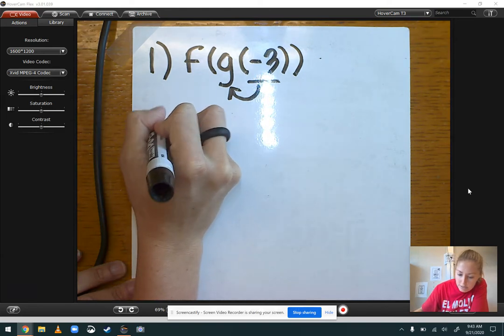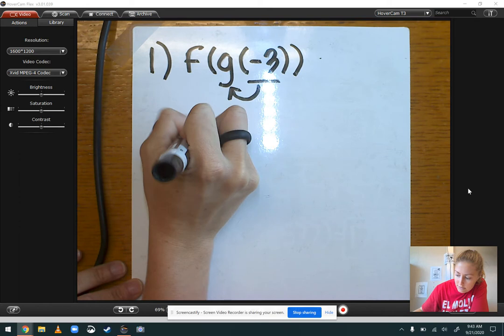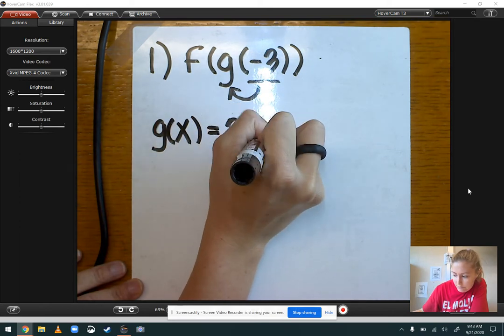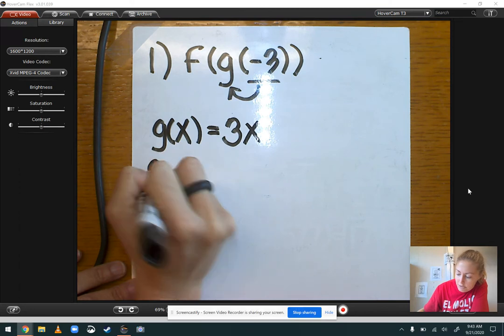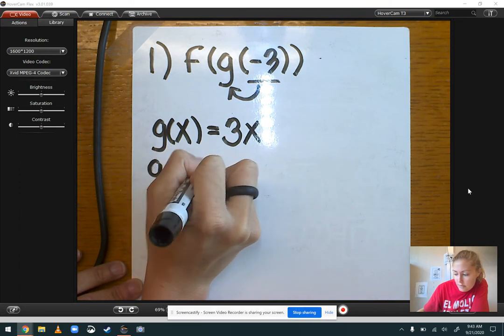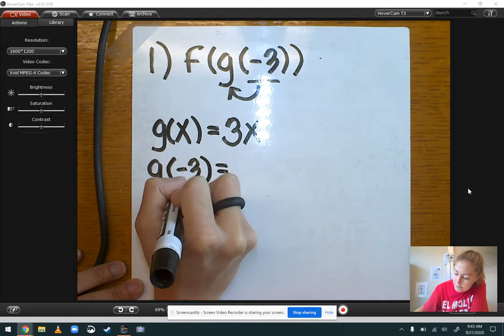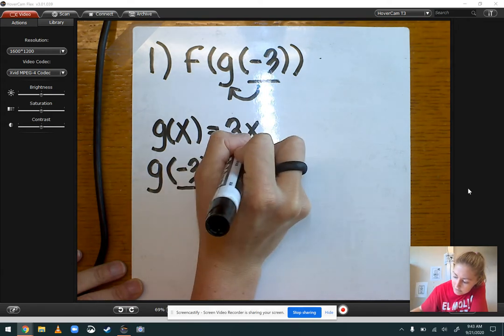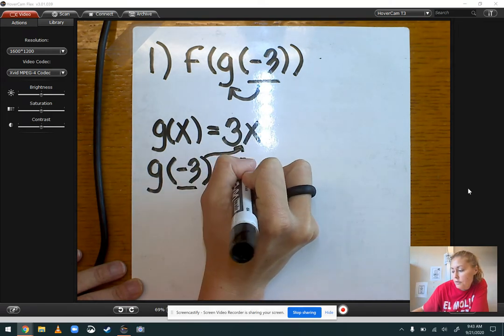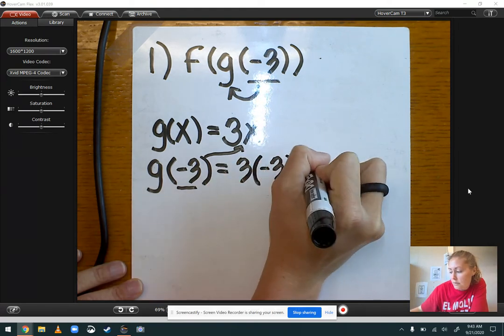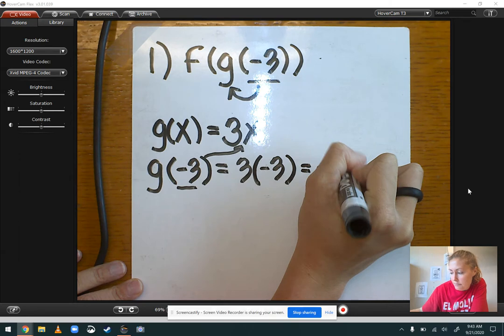Our g of x is equal to 3x, it's up on the top of the paper. So we are finding g of -3, plugging -3 into the x. We have 3 times -3, which equals -9.